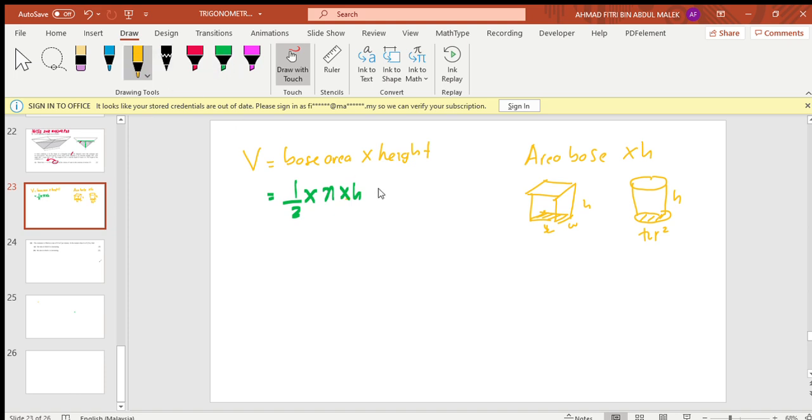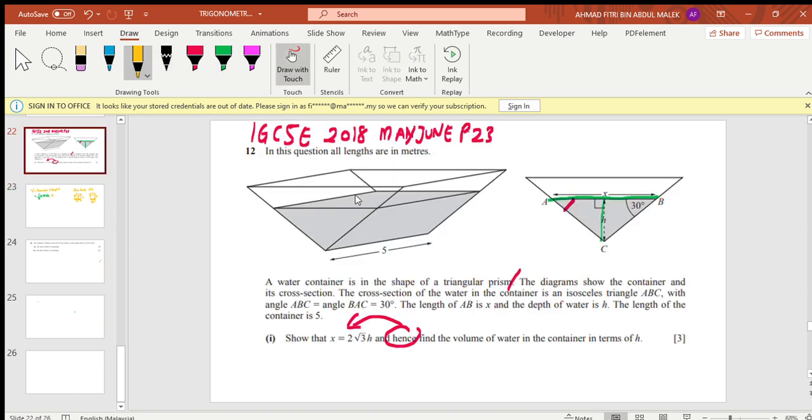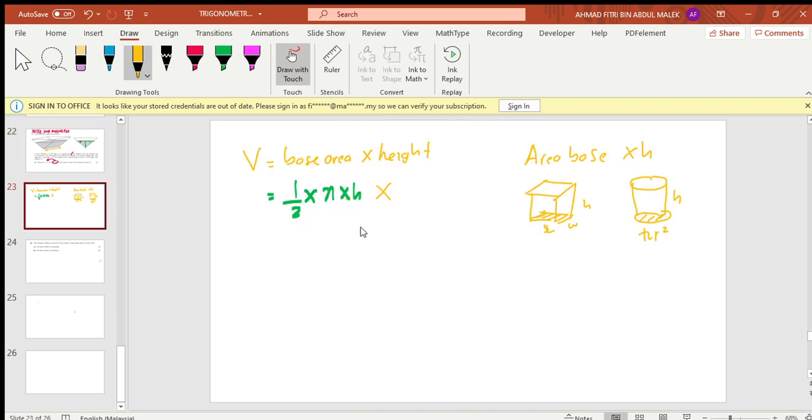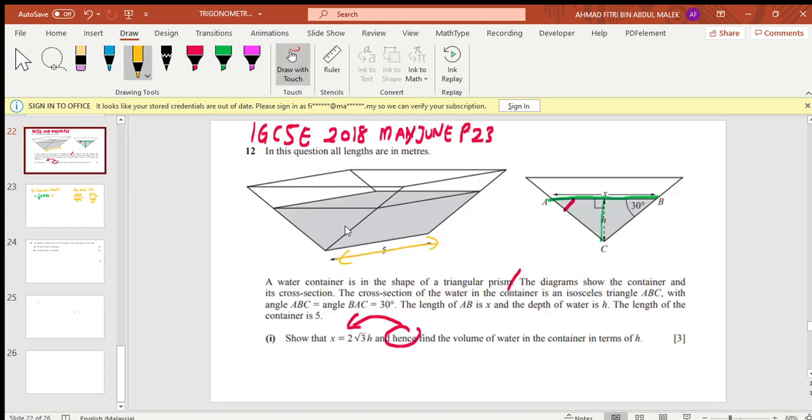Then we multiply by the height of the prism. Remember, this is the cross section, so the height here will be 5.